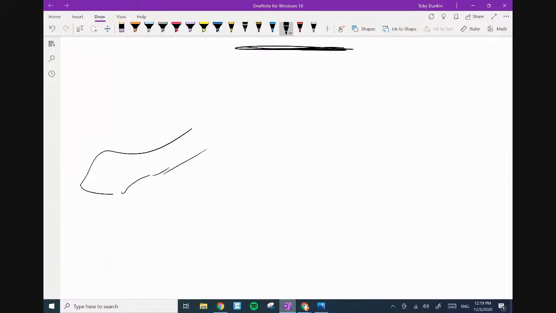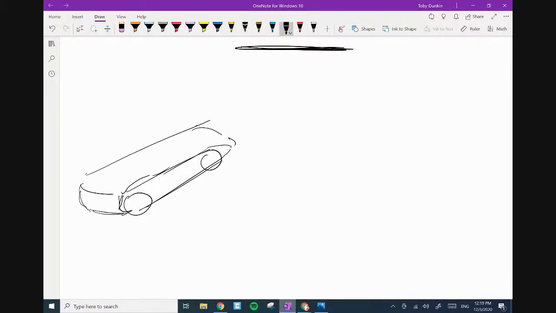I can't draw a sports car that quick. Definitely not. Definitely can't draw a sports car. Oh, it's not going well. Yeah, sports cars. I don't know quite why I did that. Should have just done that and then added on like a windscreen or something. There we go. It's better.